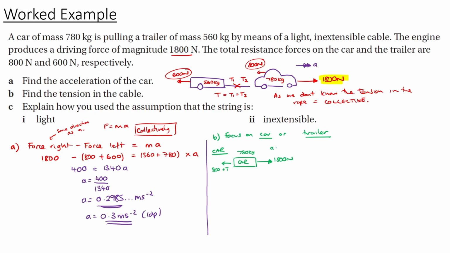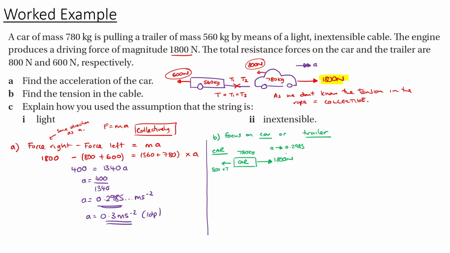And I know that A is going in this direction at a value of 0.2985. Because I'm still using A, I'm going to try and use the exact value just so that I can get the most accurate version of T possible. So I'm going to do it to 4 decimal places.